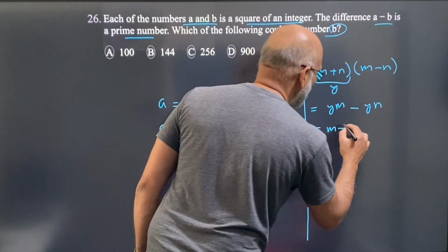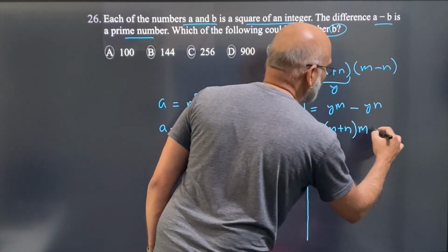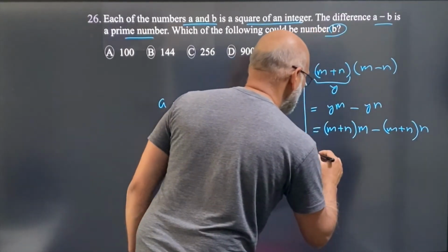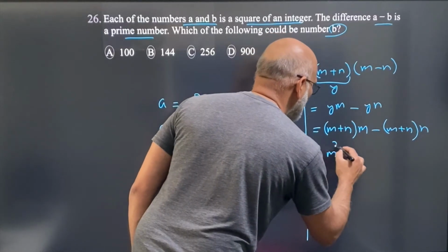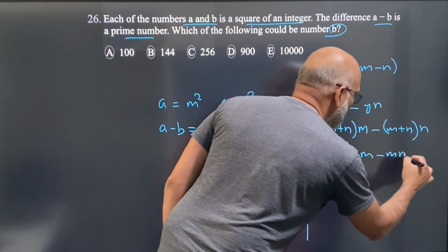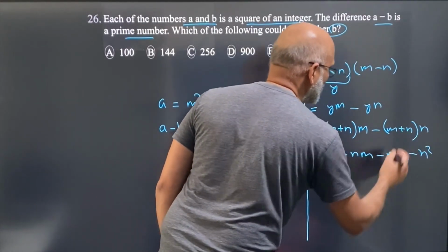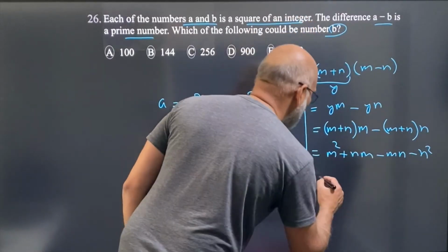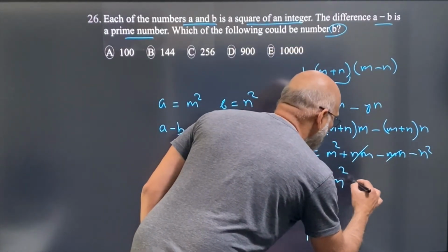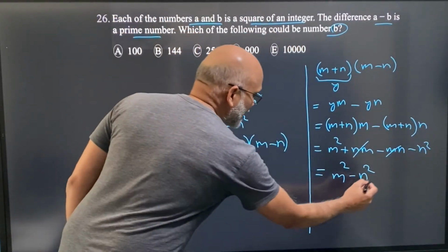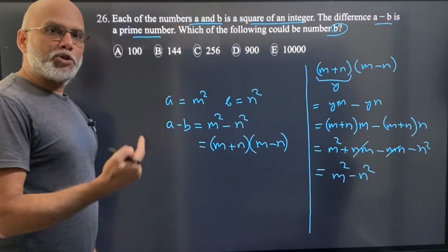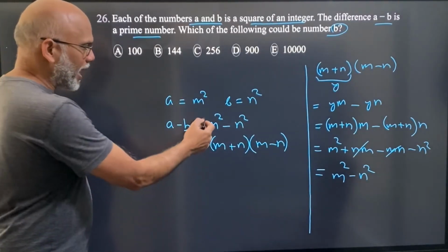So there is m plus n times m, minus m plus n times n, which is nothing but m times m is m square, plus n m, minus m n, minus n square. Again, I am using the distributive property, and this negative is because of this negative sign. N m is the same as m n, so this cancels out. This is m square minus n square. So this factorization of m square minus n square to m plus n times m minus n is very useful to remember. It comes very handy in algebra. That's what I have made use of here.